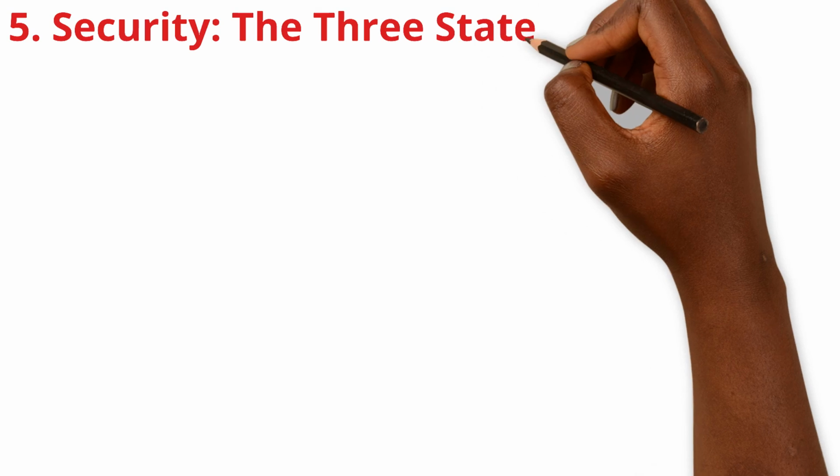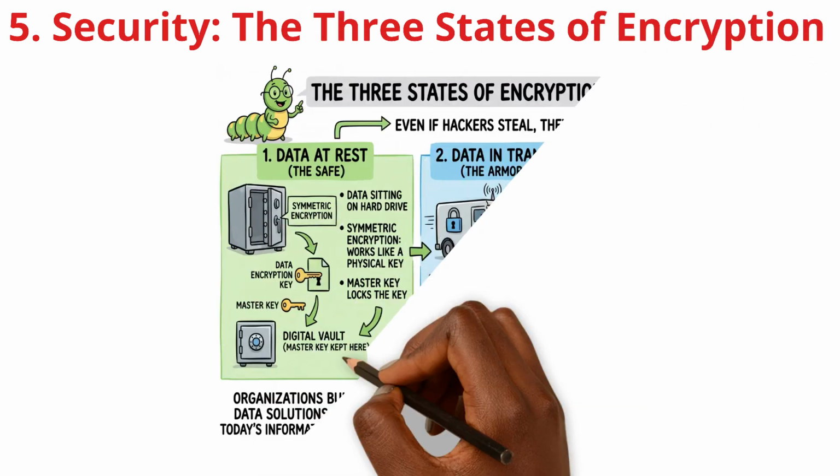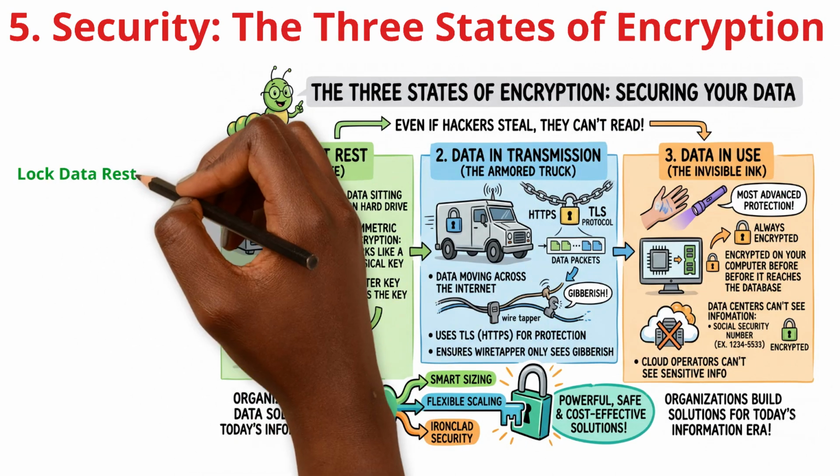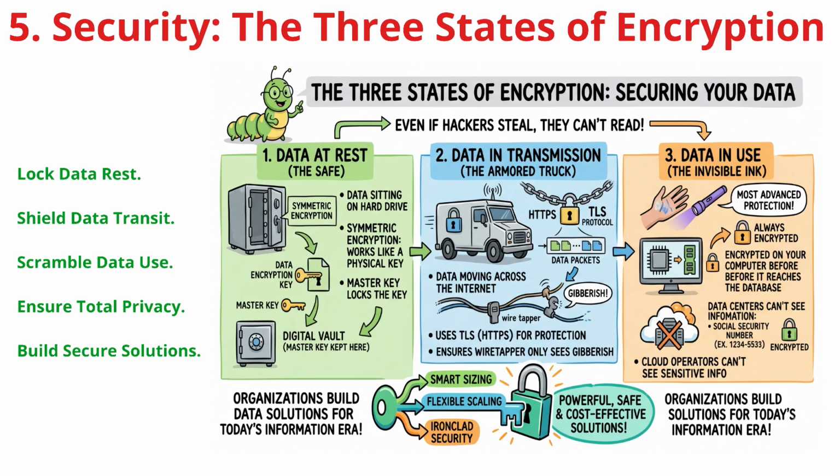Data security is more than just a password. It's about ensuring that even if files are stolen, they remain unreadable. We protect data in 3 distinct states. At rest, where information sitting on a hard drive is locked in a digital safe using master keys. In transmission, where data travels across the internet in an armored truck protected by TLS, turning intercepted info into gibberish.